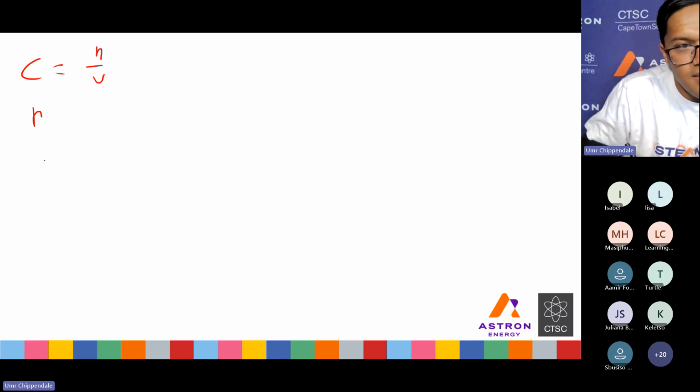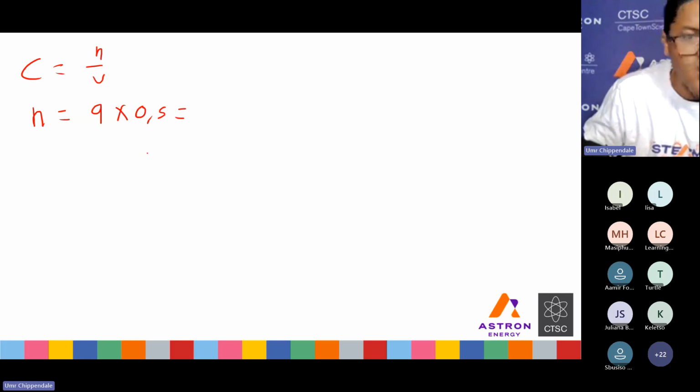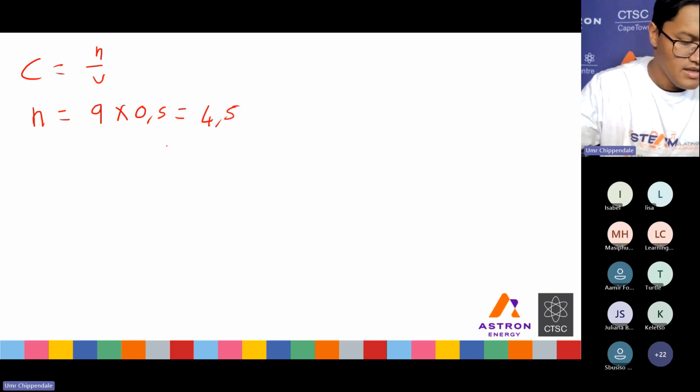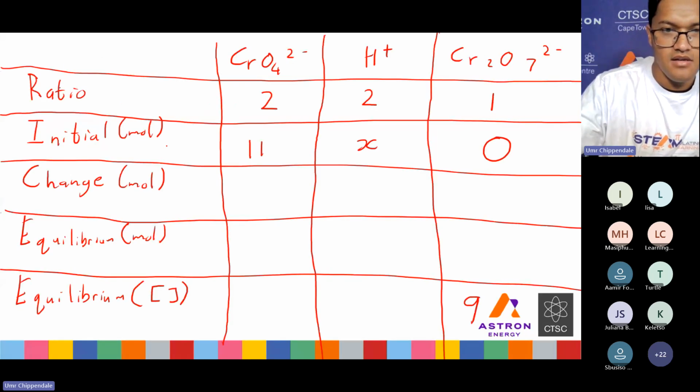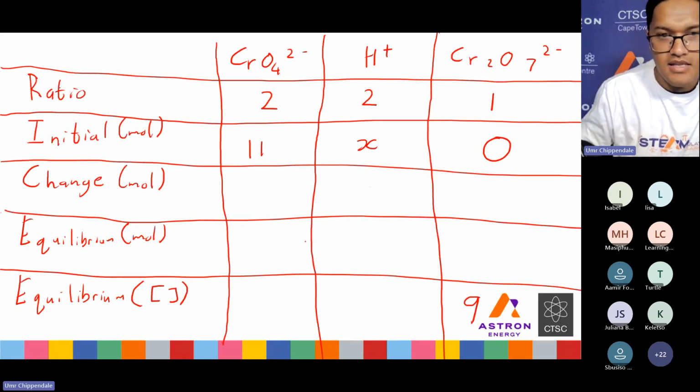So we can calculate the number of moles. Number of moles is equal to concentration multiplied by volume. They told us the concentration of our product is 9 and our volume is 0.5. We type that in a calculator and you'll get an answer of 4.5.